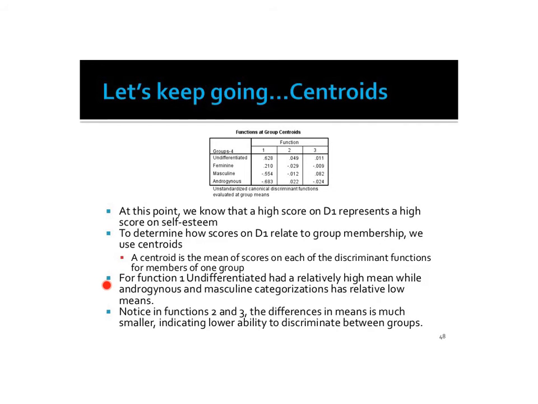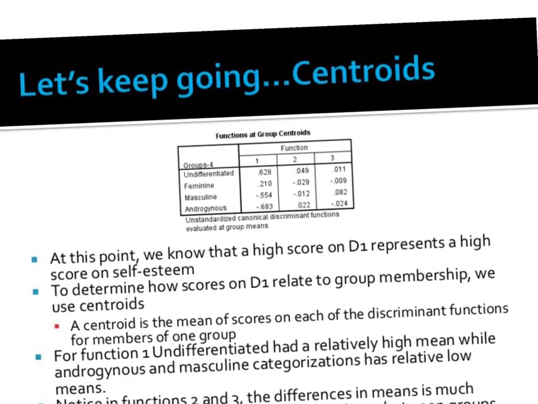For function 1, we see that undifferentiated had a relatively high mean, while androgynous and masculine had relatively low means. Notice that for function 2, the differences in means are much smaller because it's a lot harder to discriminate between groups. So let's take a look at this again. Let me even increase the size of this table.